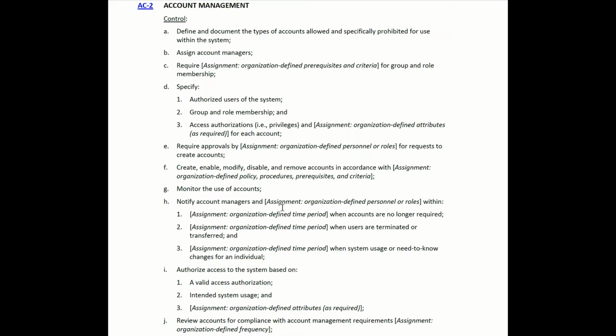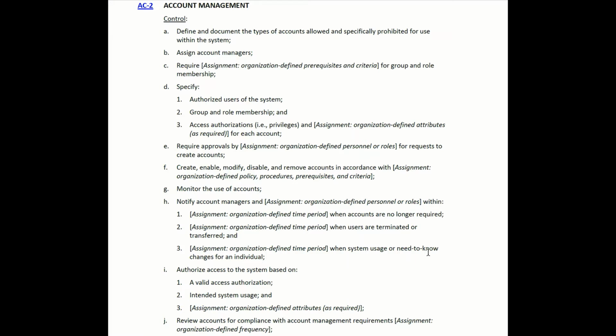So notify account managers and organization-defined personnel or roles within the organization-defined time period. So within a time period that's defined by the organization, when accounts are no longer required, when users are terminated or transferred, and when system usage or need to know changes for that individual.